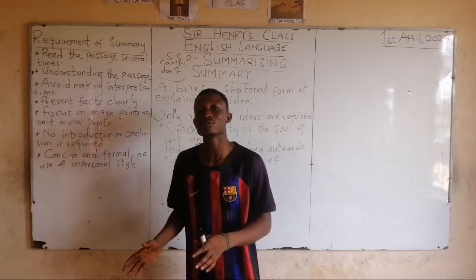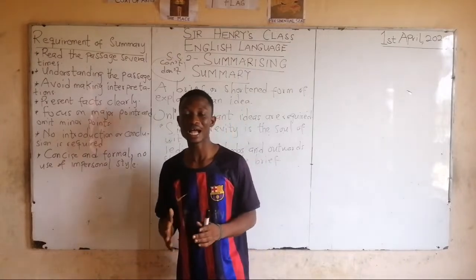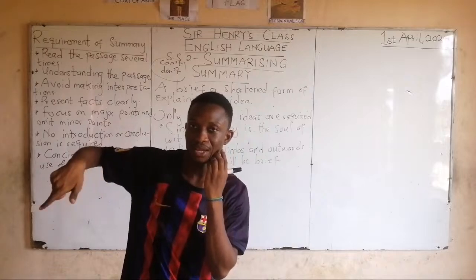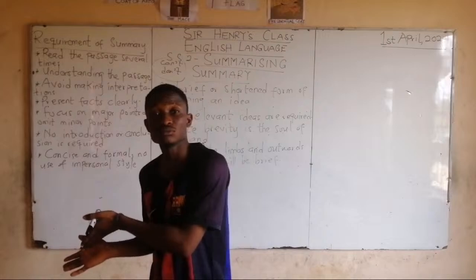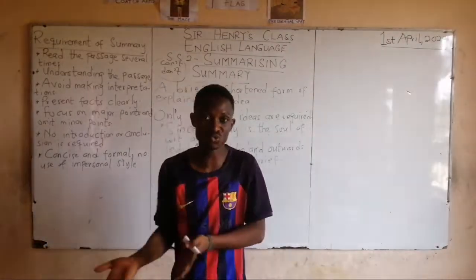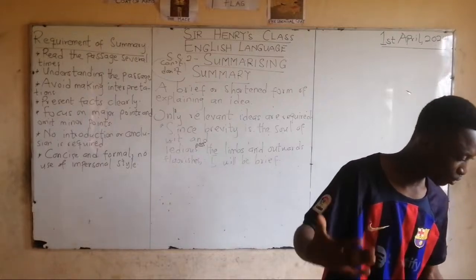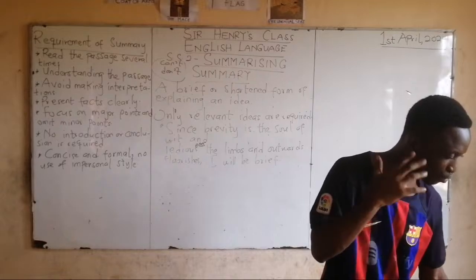So maybe Kofi was speaking and said, I went to that side. That shouldn't be included. So Kofi went to, not I, not you. Get it? Then the next one: do not use I or you is also part of it. And then use your own words.